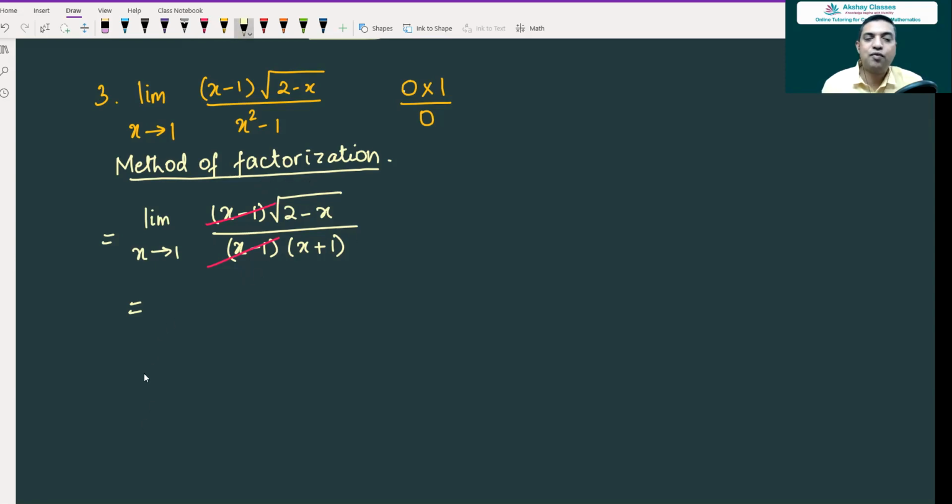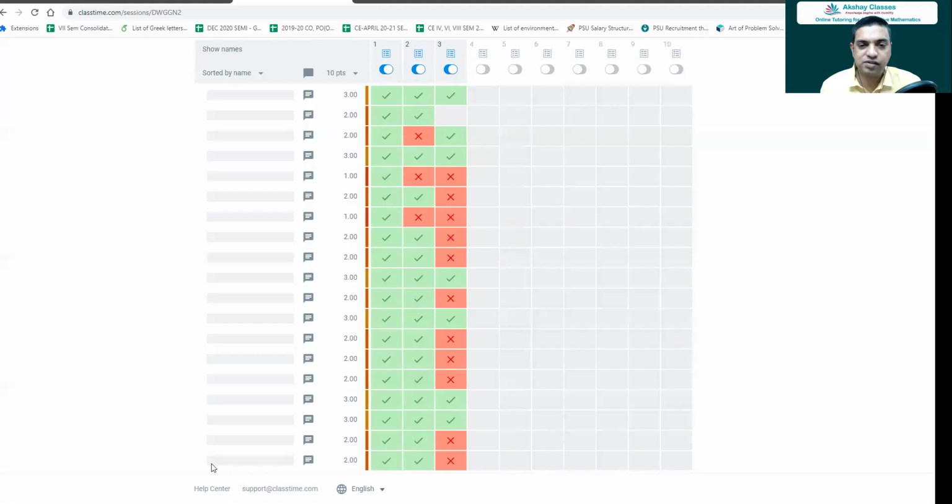Now this 0 by 0 form is eliminated. Now in the numerator you get 2 minus 1 and in the denominator 1 plus 1. So you get 1 upon 2. This is the answer. So 1 upon 2 is the answer.